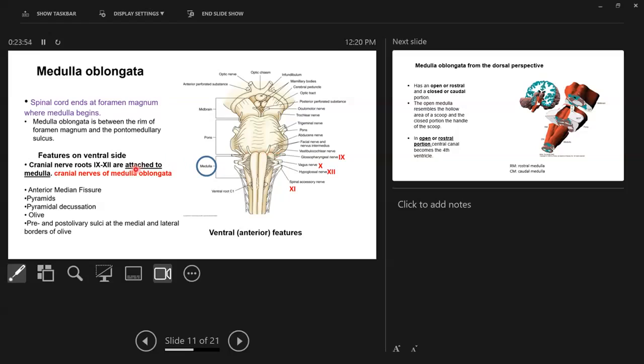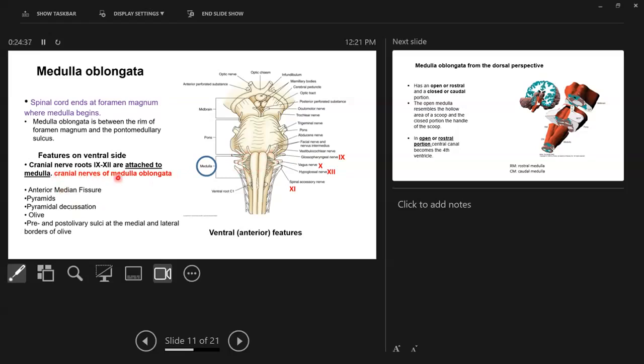There are several features on the ventral side that we need to see. For example, cranial nerve roots from glossopharyngeal number 9 to hypoglossal number 12 are in fact attached to the medulla oblongata. These are also known as cranial nerves of the medulla oblongata. It is a good idea, even clinically speaking, to group them because lesions may occur together as a lot of the cell groups giving rise to these nerves live inside the medulla oblongata.